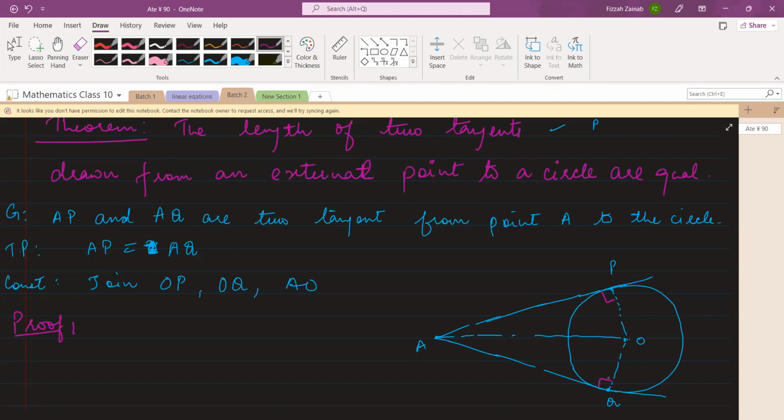Come on. See, Harsha, when you are trying to show congruency, first you look at the sides and then you look at the angles. That's it.